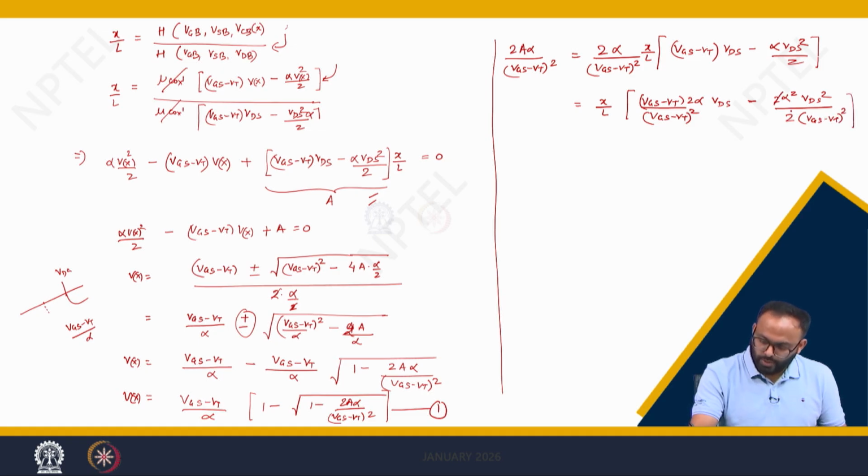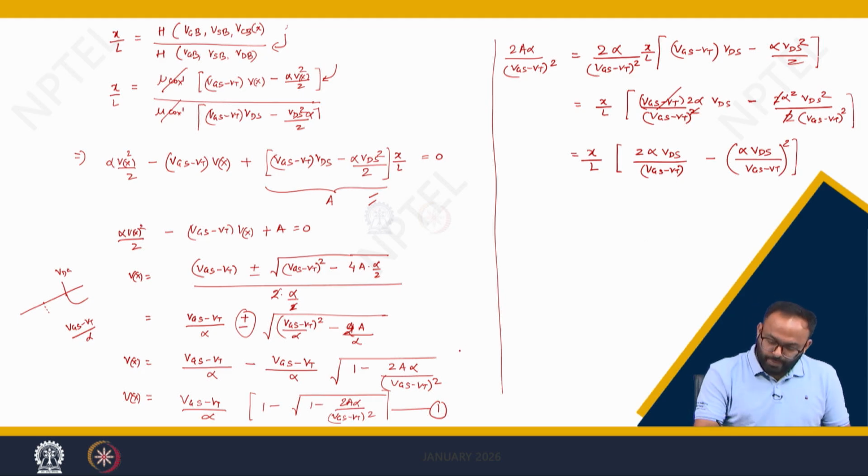You see 2 and 2 get cancelled. Here this Vgs minus Vt and this get cancelled. Now you are left with a factor which is defined as 2 alpha Vds divided by (Vgs minus Vt) minus alpha Vds divided by (Vgs minus Vt) whole square.